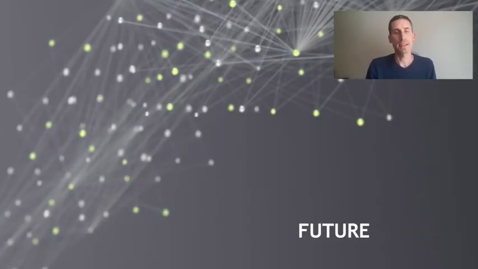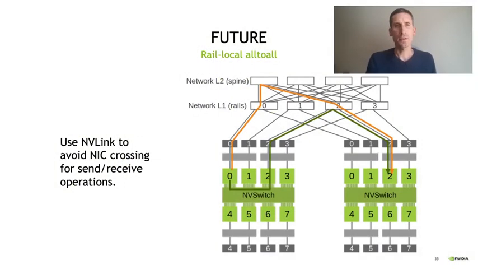And moving on, let's now review what features are coming in the future, what we are exploring, and what we consider adding to NCCL in the next versions. So the first thing that we are exploring is the ability to leverage NVLink also for send-receive operations, in particular for all-to-all, to try to minimize the inter-NIC communication that would have to go up the network layers.